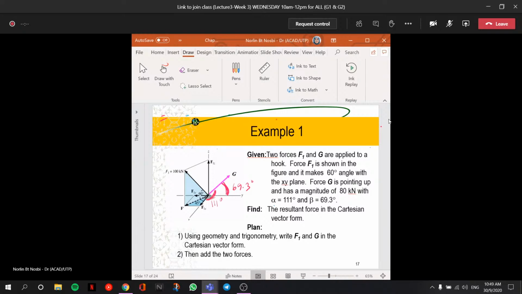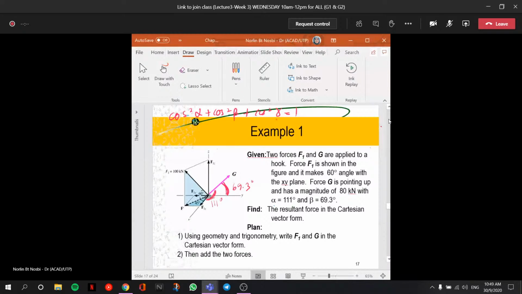The formula is cos square alpha plus cos square beta plus cos square gamma equals 1.